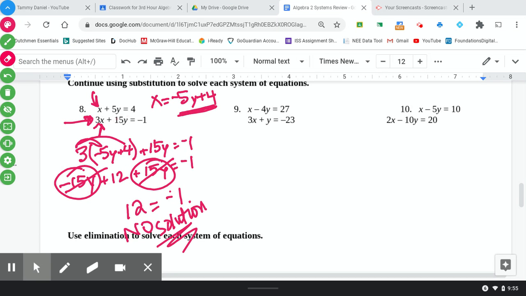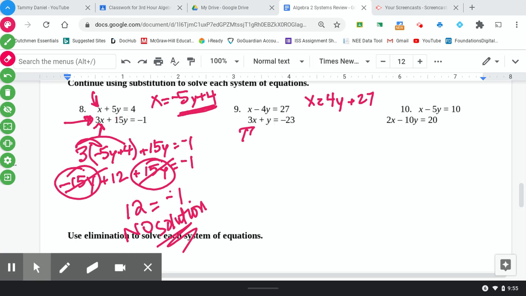Okay, all right, on number 9, again, all we're going to have to do here is add 4y to both sides. Okay, when we do, we get x equals 4y plus 27. All right, and so 4y plus 27 is going to be substituted in for x in this equation right there.